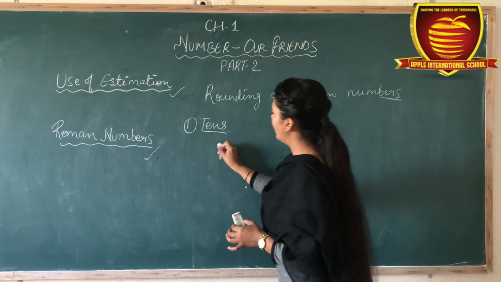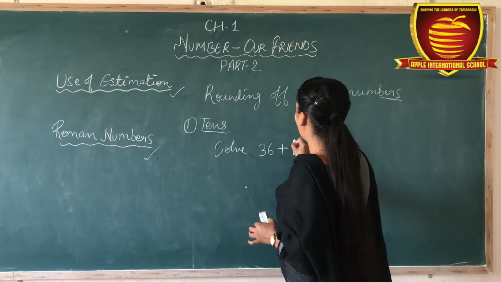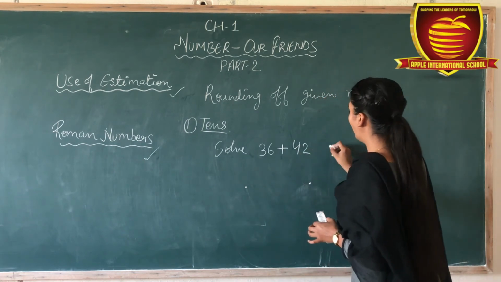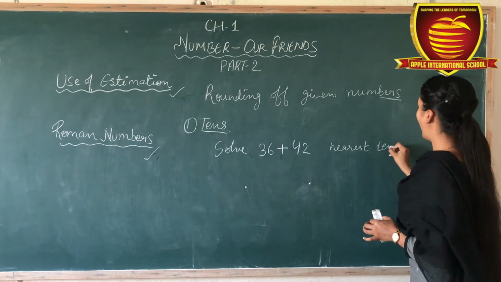For example, solve 36 plus 42 using nearest tens.